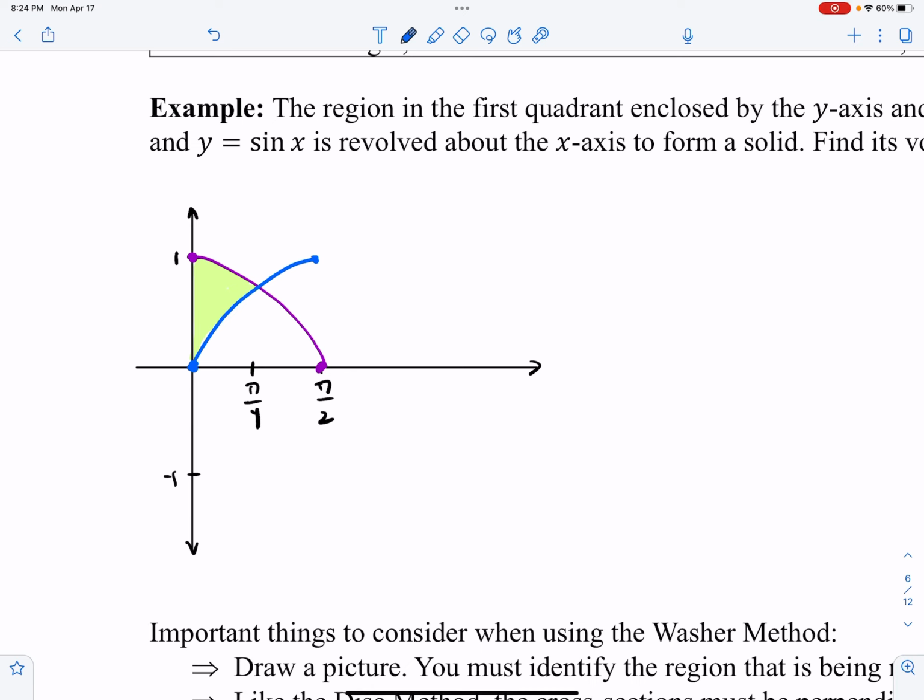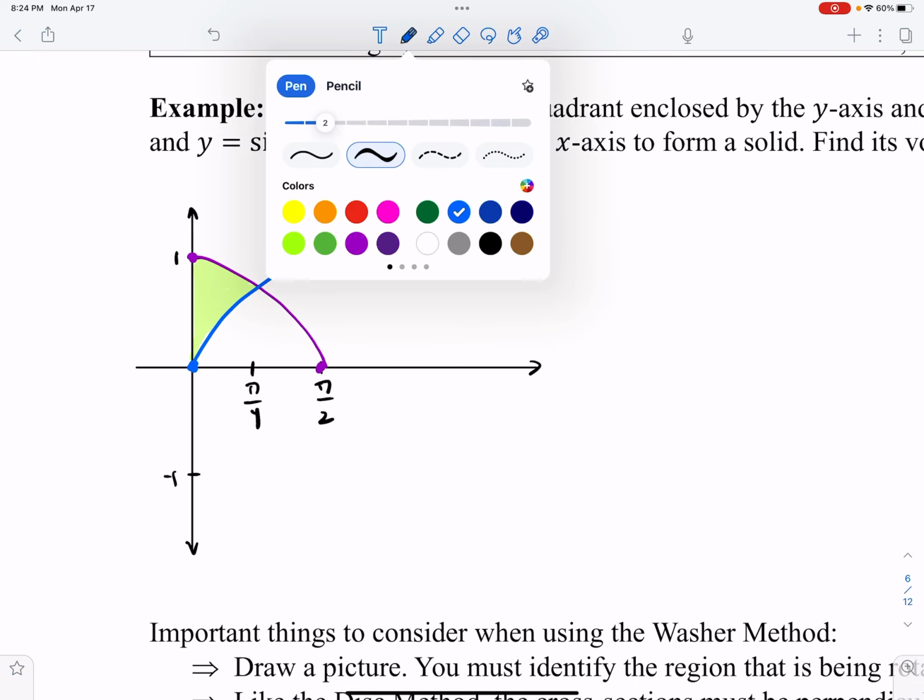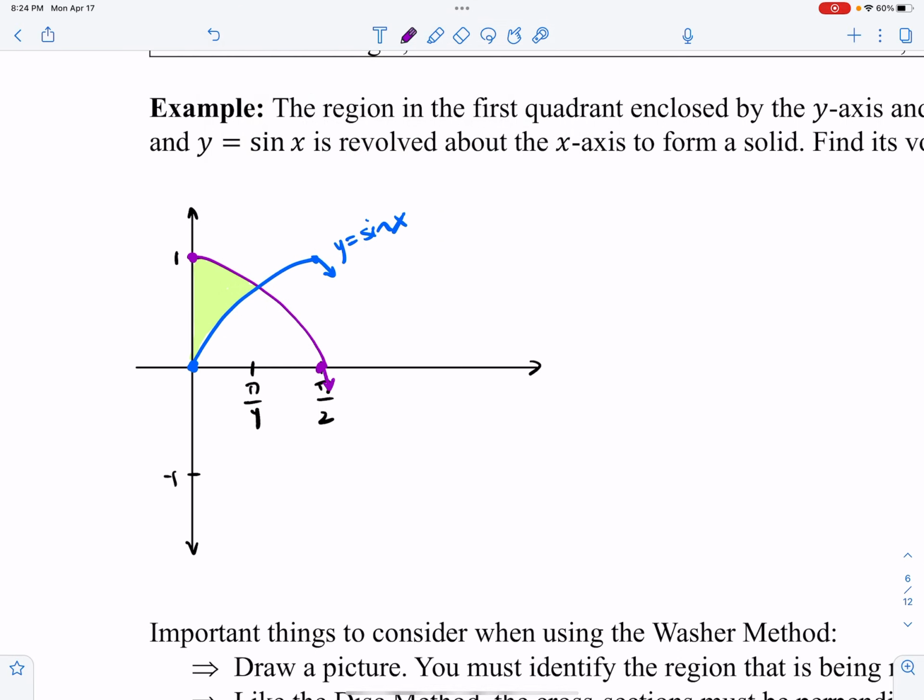So it's not this region here. Right, so this is sine, just to finish labeling. This is cosine. But we are rotating the region that I have shaded.